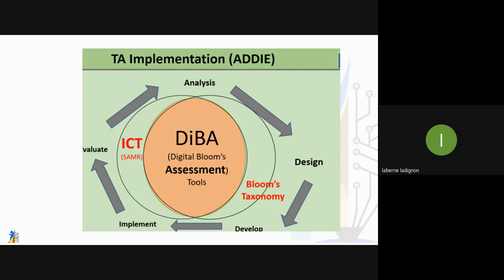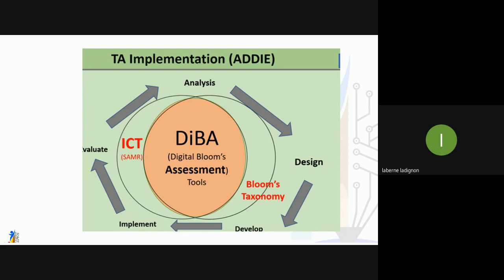So following the ADDIE way on how we can finalize our plan, we will analyze. So actually, we ask you to identify the learning competencies. Then right after that, we will design your lesson. We will develop your assessment tool. Then we will implement it into your classroom. And also, we will evaluate if we have an effective plan and assessment tools for our learners.